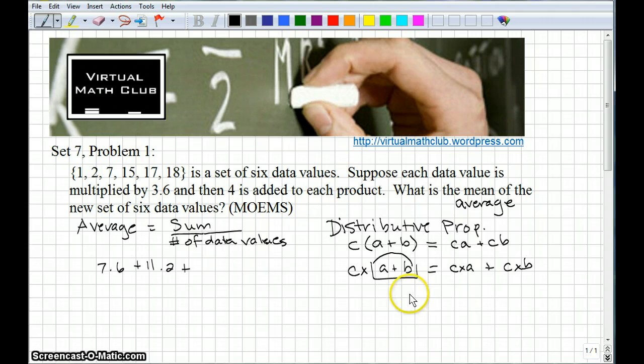So the total number of pieces of fruit would be CA plus CB. Think of the parentheses as the mathematical notation for a basket. So you've got a basket of some A's and some B's, and you want to take C times all of this.